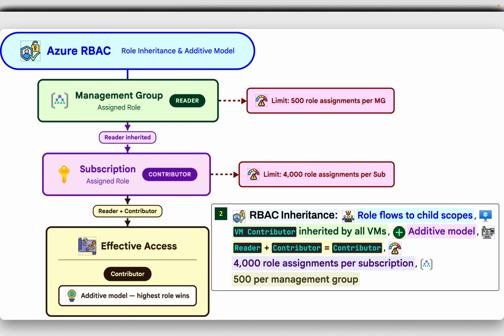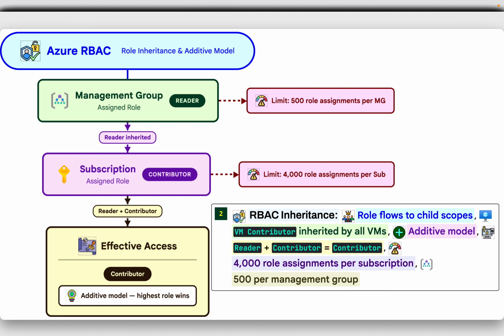RBAC inheritance works the same way. A role assigned at a management group flows down to all child scopes. The model is additive, so reader plus contributor equals contributor at that scope. Up to 4,000 role assignments are supported per subscription and 500 per management group.